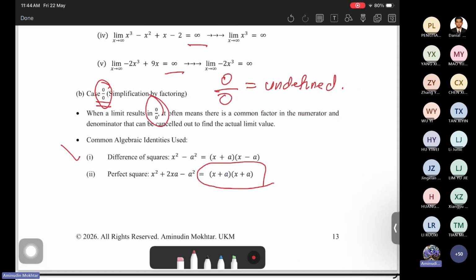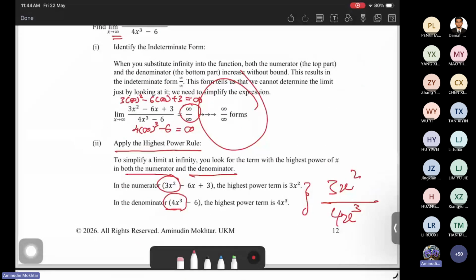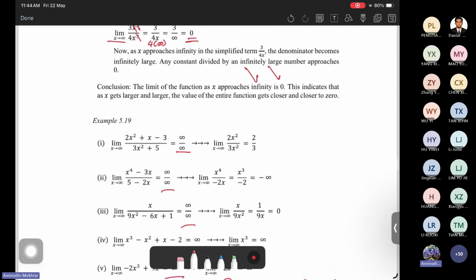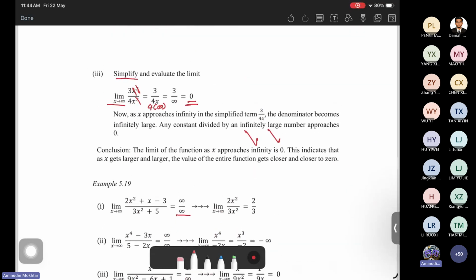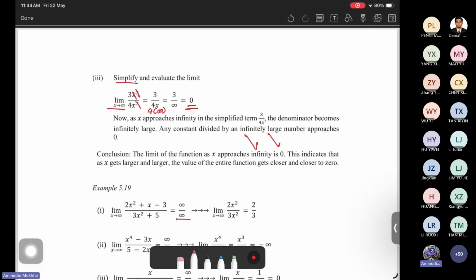When the form is infinity divided by infinity, we choose the highest power term in the numerator, and also the highest power term in the denominator. But for the second case, when the form is 0 divided by 0, we need to factorize the equation, simplify it, and then find the limit.